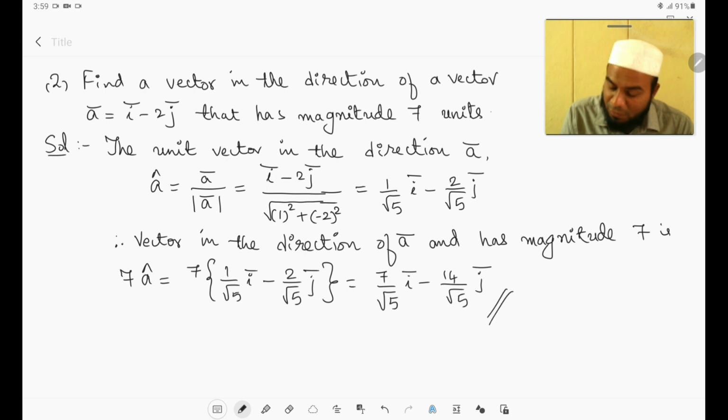So this is the required vector whose direction is the same as a bar and magnitude is 7 units, right? First we have to reduce the given vector to a unit vector, then multiply that unit vector with whatever magnitude we want. Here the given magnitude is 7, so that's why we multiply the unit vector with 7. This is how we solve this problem.